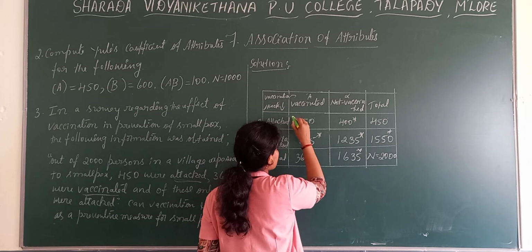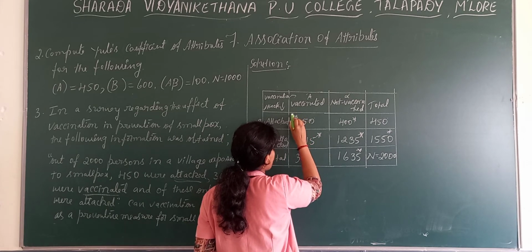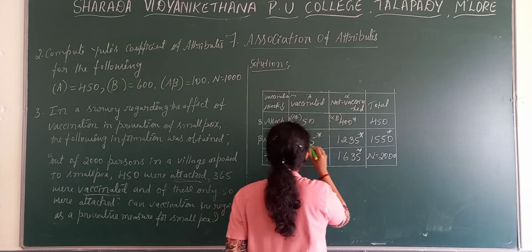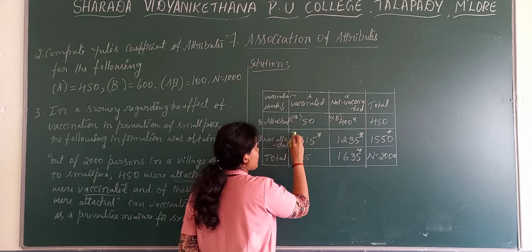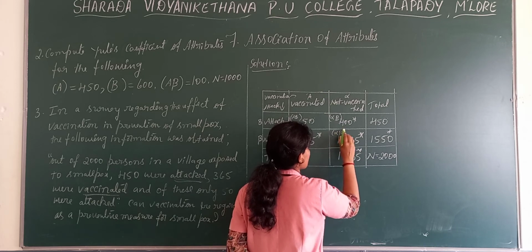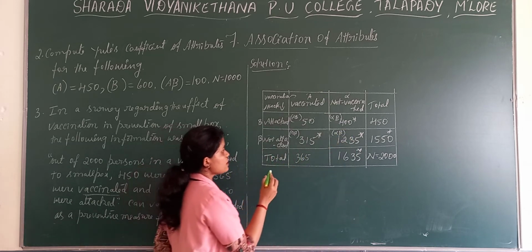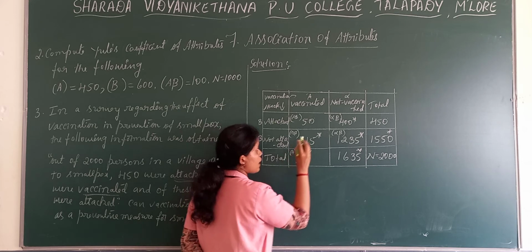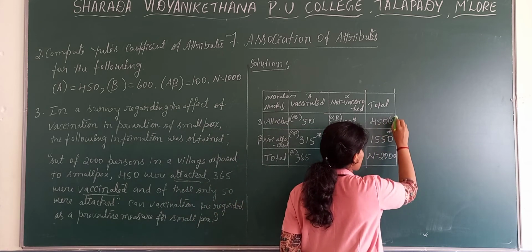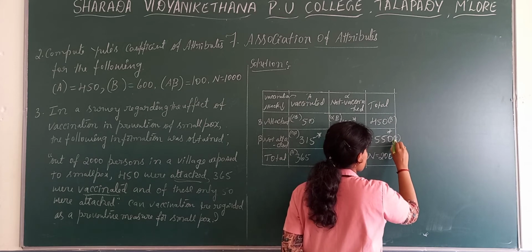Now here it is AB, and here it is alpha B, and here it is A beta, and here it is alpha beta. It is the total of A, and here it is alpha, and here it is B, and here last one it is beta.